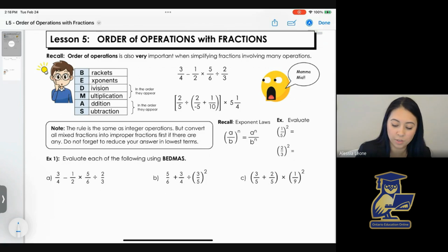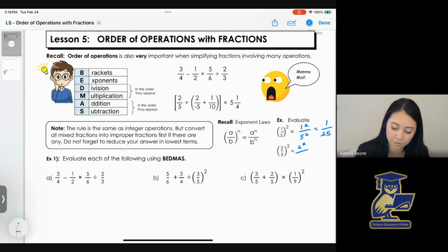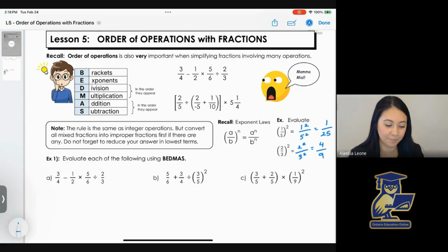So this becomes 1 to the power of 2 over 5 to the power of 2, which equals 1 times 1 is 1, and 5 times 5 is 25. And then 2/3 to the power of 2 turns into 2 to the power of 2 over 3 to the power of 2, which is 2 times 2 is 4, and 3 times 3 is 9.